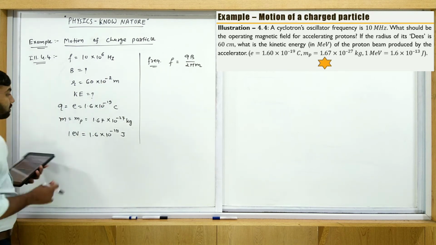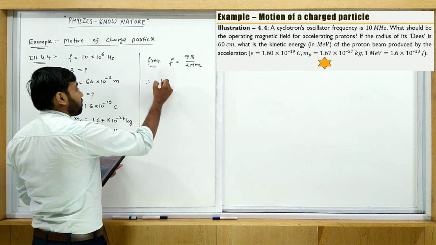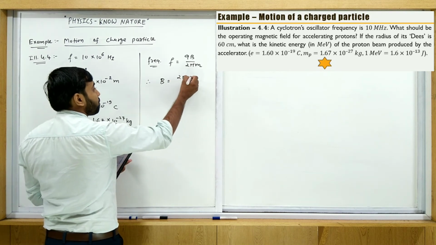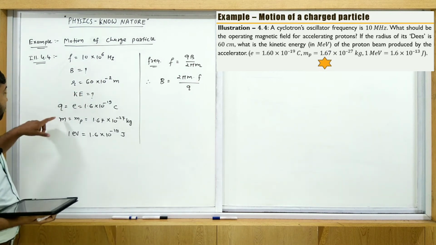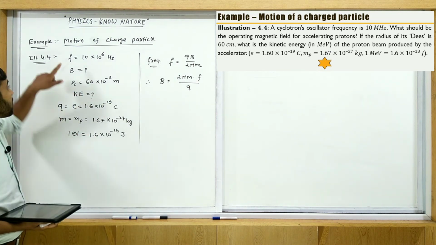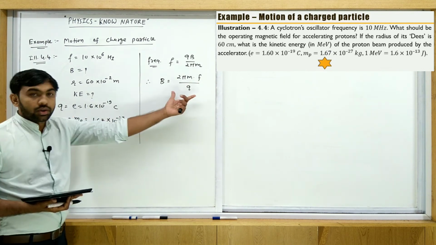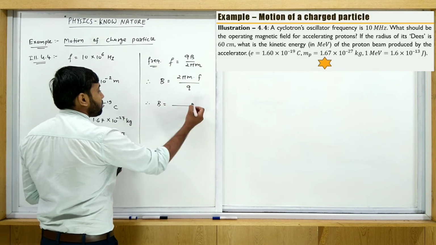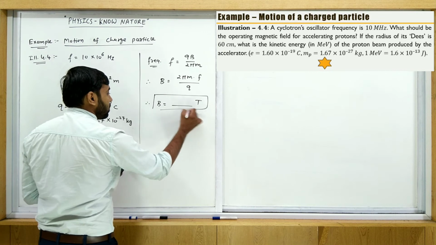From this, find the equation of B. So B is equal to 2 pi m F upon Q, where m is replaced by m_p. The frequency, charge, everything is given, so put all the values into this equation and find B. This answer is in Tesla. The remaining calculation is homework.